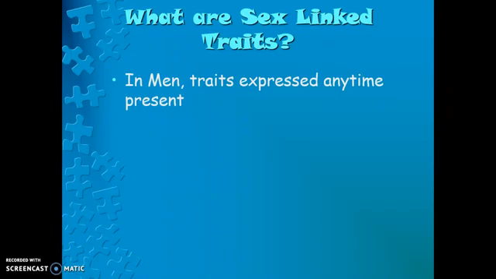So how do you know if a question you're working on is a sex-linked trait? Well, it may give you the clue that says in men or in boys, you see this trait way more often. That's because since boys only have one X, whatever gene they get on the X, that's what they show up as the phenotype.